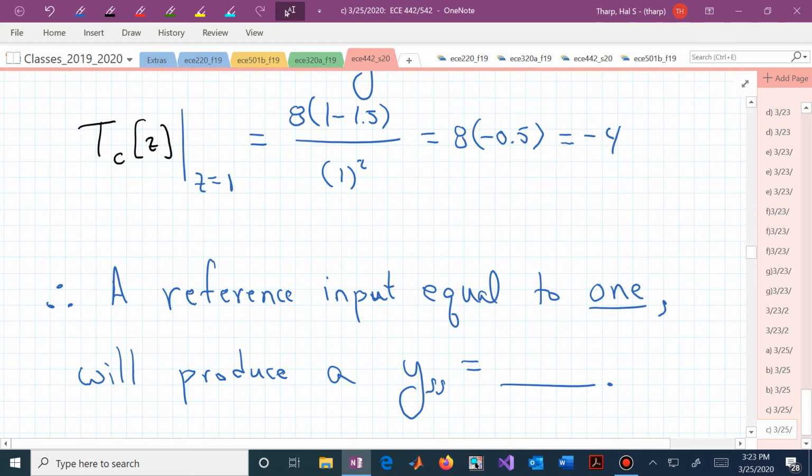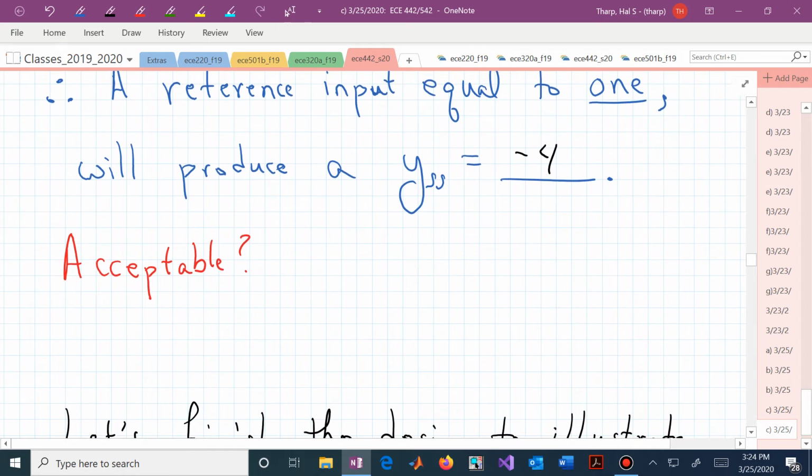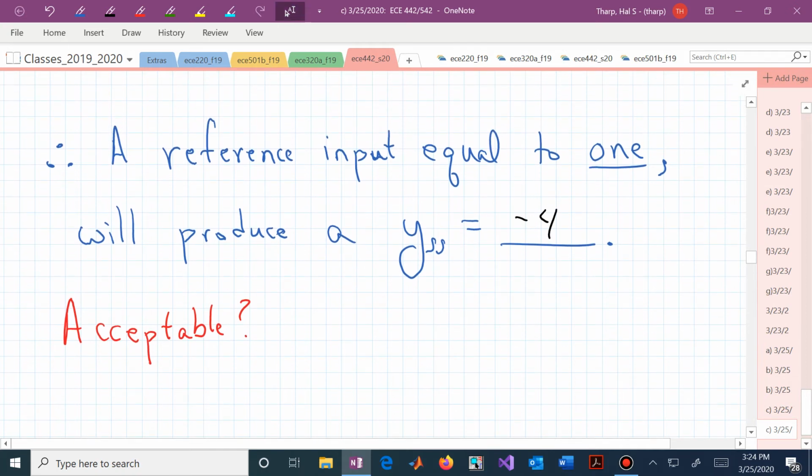Let's say we put in a value of 1. What will the output be? The steady state output, after the transients have disappeared, is going to be 1 times the DC gain, which is minus 4. Is that acceptable? Probably not.